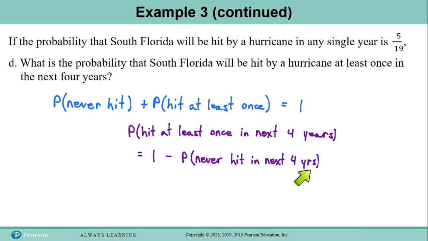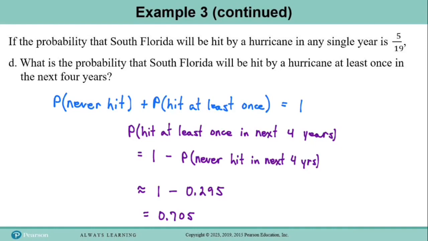So if you remember, this value was 0.295, and so we're going to calculate 1 minus 0.295, and that is going to be 0.705. You might have to think about this a little bit for it to sink in, because a lot of students expect that the complement of never being hit by the hurricane is that they're hit every year by the hurricane.